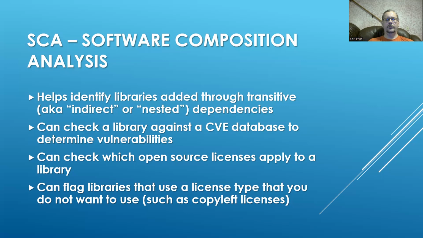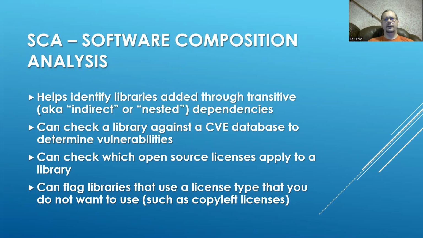One other thing that most SCAs are able to do is check which open source license is applicable to an open source library as well. And then flag which libraries use a license type that you don't want to use, such as copyleft style licenses.